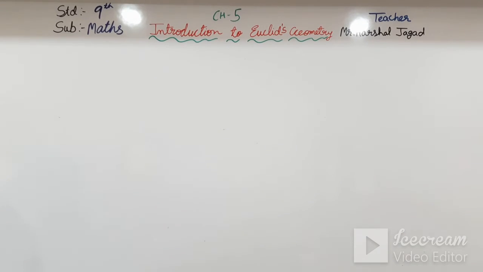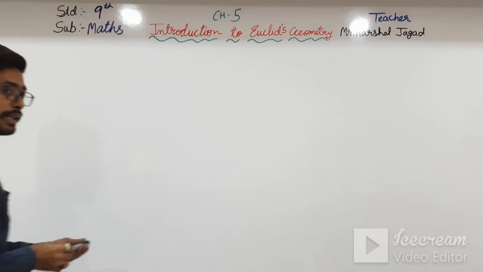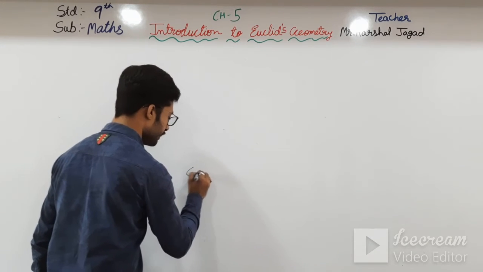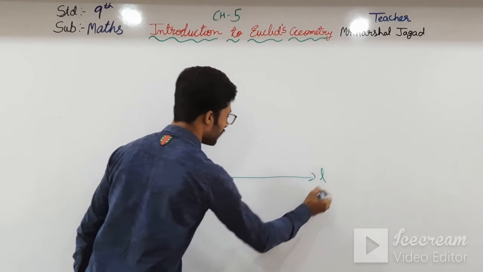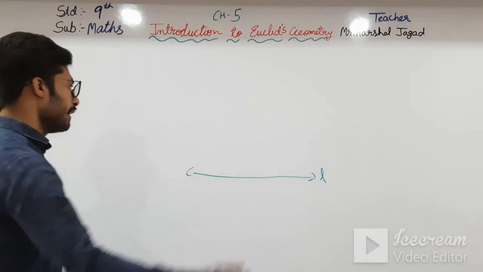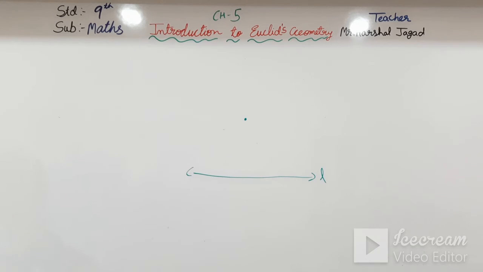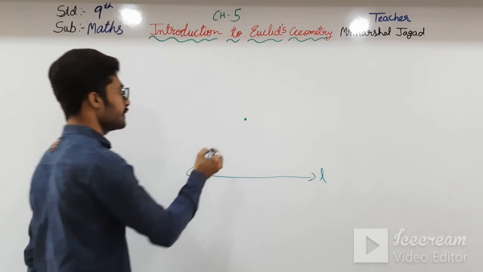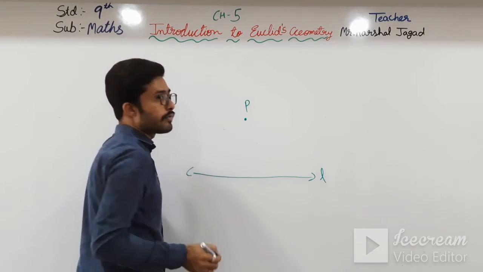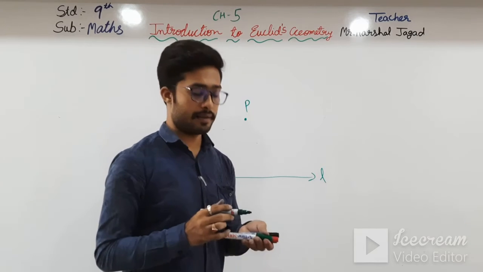So what they have given is, there is a line L and there is a point, which point they have given? They have given a point P. So in this, what are they just trying to tell us?